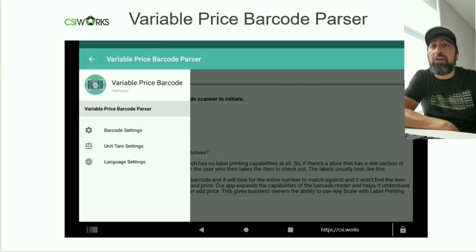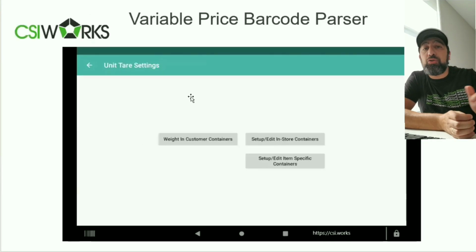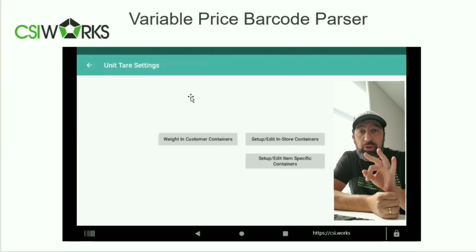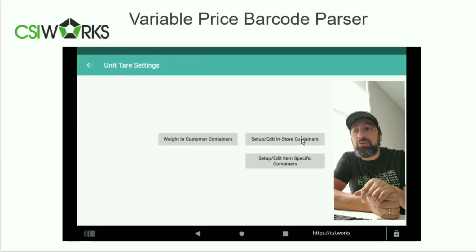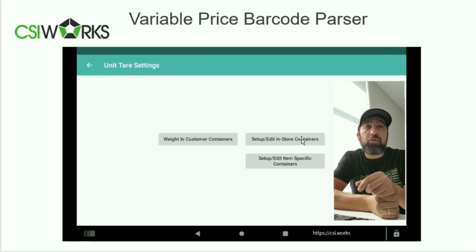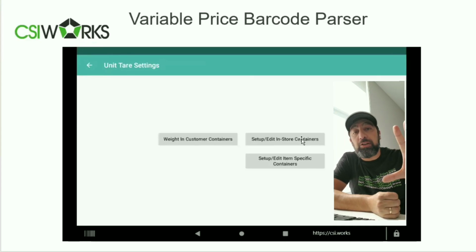And the unit tare would be utilized in different use case scenarios. We're going to cover 3 today, right? So you have the in-store containers. The best use case scenario for that would be a yogurt shop that, for example, sells a bunch of different ice cream, but they have like 3 different cups, right? Like a small cup, medium cup, and a large cup.